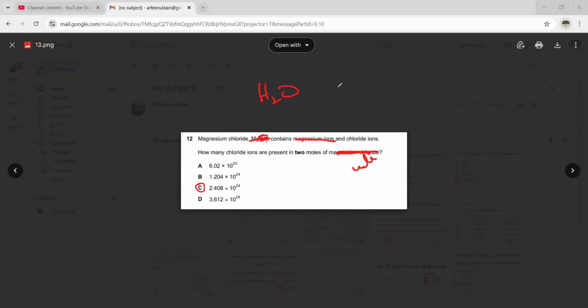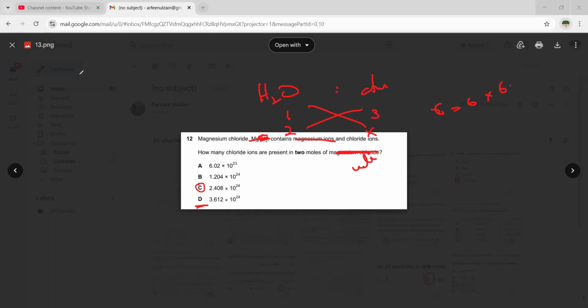A water molecule contains 3 atoms. So what is the ratio? One molecule contains 3 atoms, so 2 moles will have X atoms. Cross multiply, we'll get 6 atoms, and 6 atoms multiplied by Avogadro's constant. So in that case, D will be the right answer.